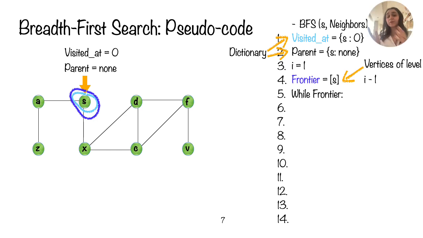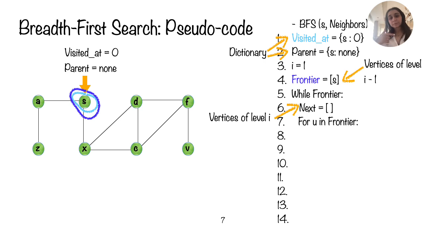Now, while the frontier is not empty, and now our frontier contains the starting position, it's not empty, I'm going to initialize next. Next is going to be the neighbors of the frontier. Next are the vertices of level I. So those I visit not at step 0, now at step 1.